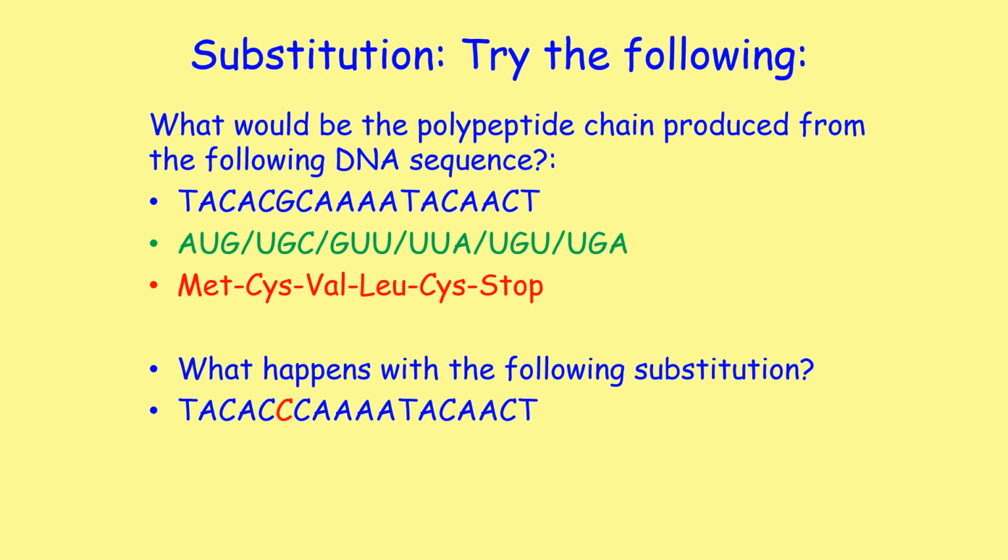So again, pause the video, transcribe this DNA into your mRNA, and then using your mRNA codon table, have a look at the effect of this particular substitution on the polypeptide chain produced. If you want to pause the video and have a go at that, please do so now.